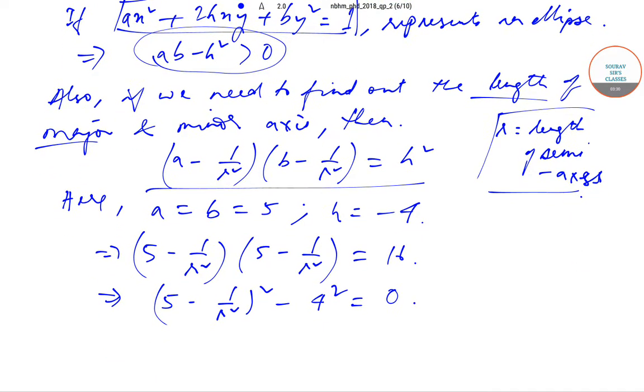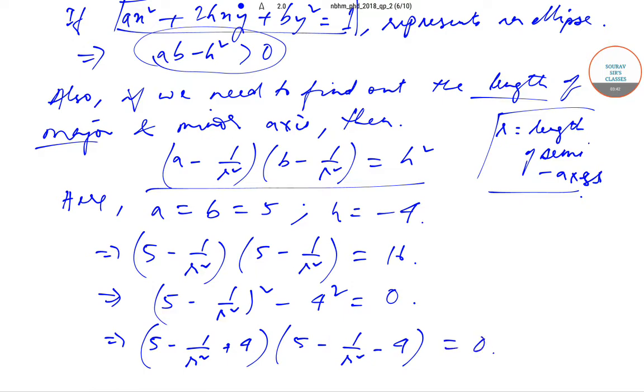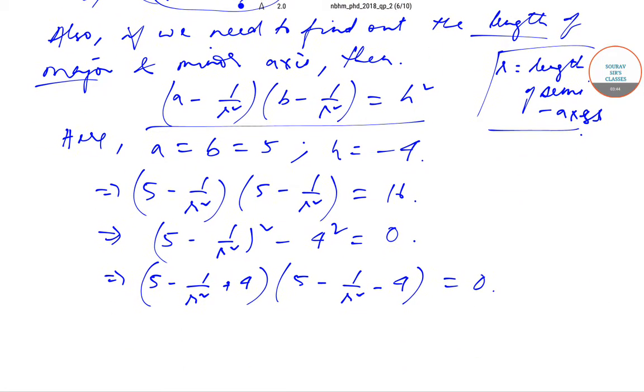So now this will come down as 5 minus 1 by r square plus 4 into 5 minus 1 by r square minus 4, and the product of those will be equal to 0. So this will come down to 9 minus 1 by r square and 1 minus 1 by r square equal to 0.